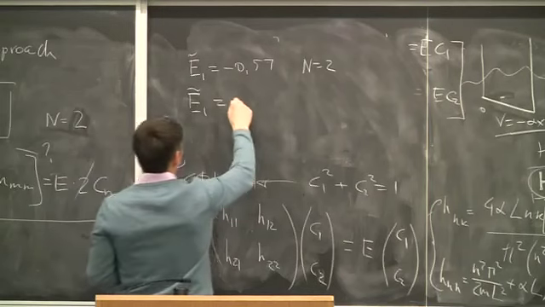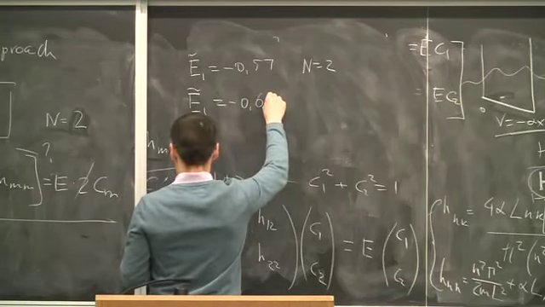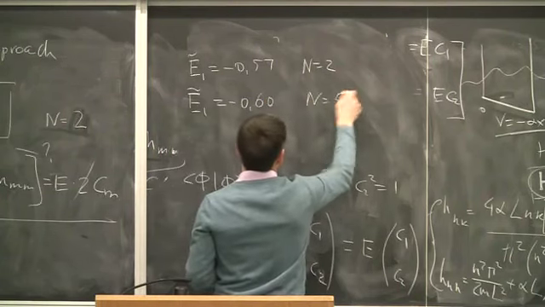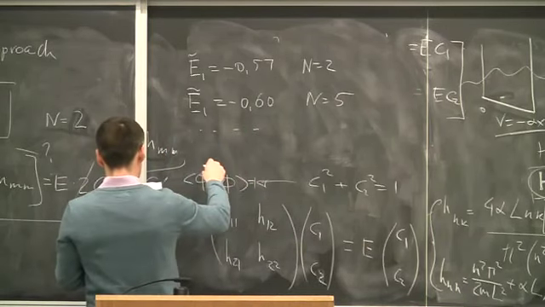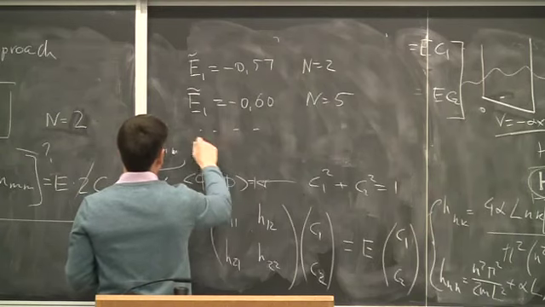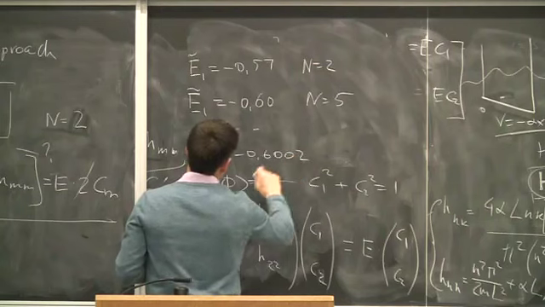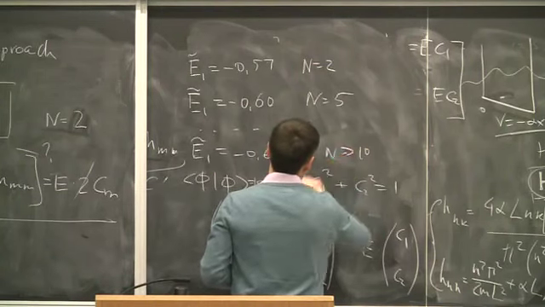An approximate value of minus 0.660 you get when you put n equals 5. So you put in more functions, and eventually I guess the converged result is minus 0.6002 when you put n more than 10.